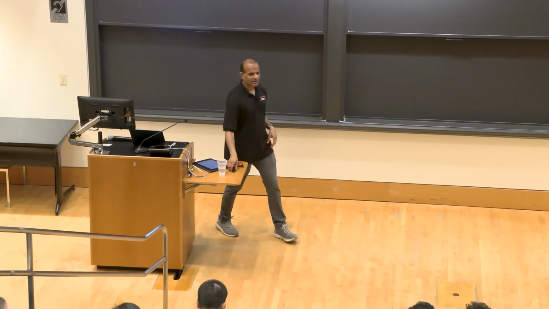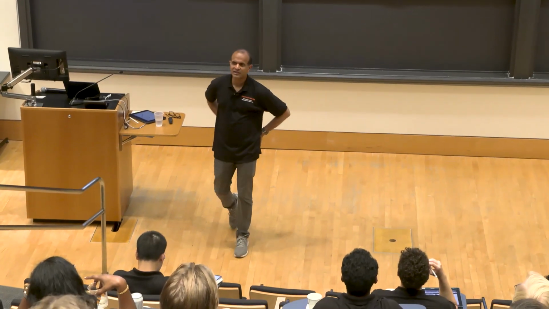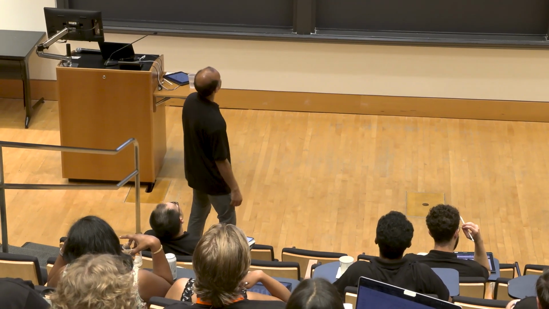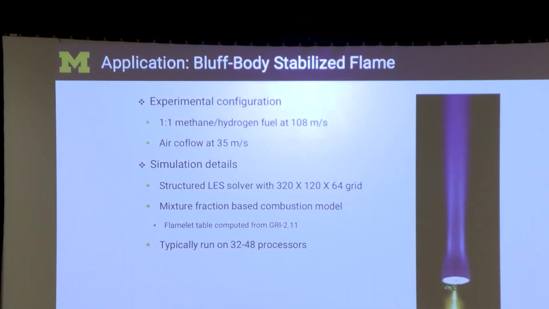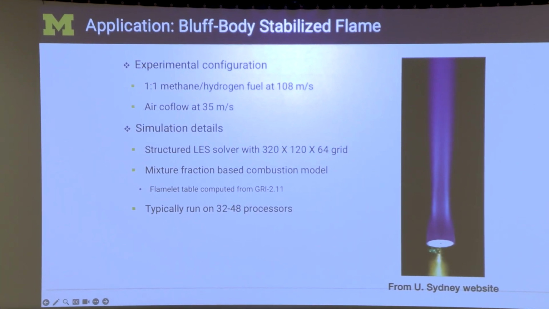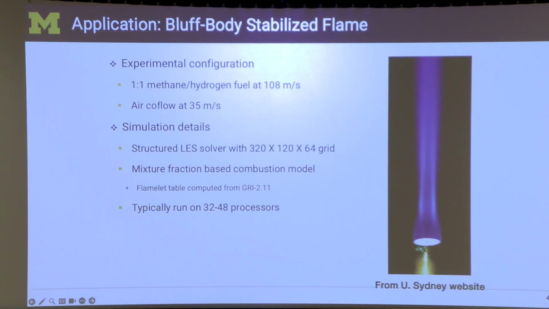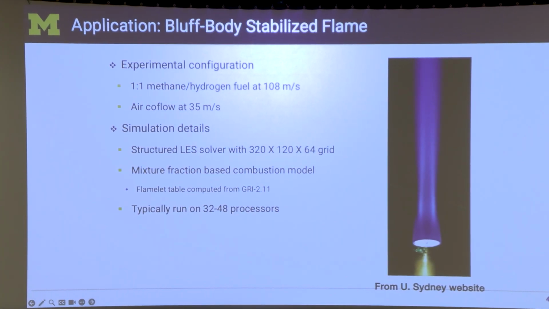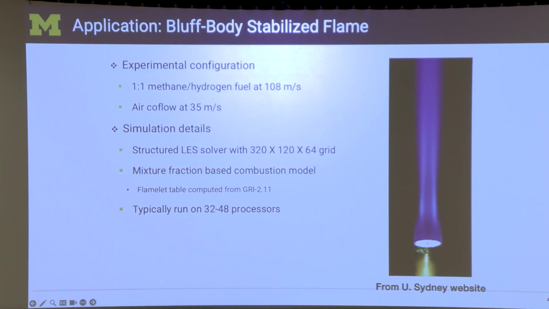Now, this seems like a very subtle change, but it leads to really important results. For instance, this burner was very popular in the 90s. This is one of those configurations, experiments, that everyone will try to simulate, but it will never work out. You'll get really bad results.